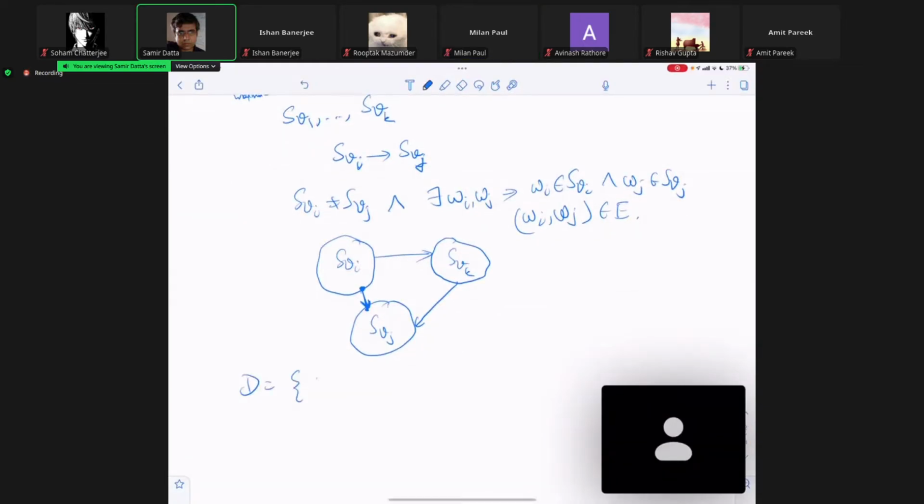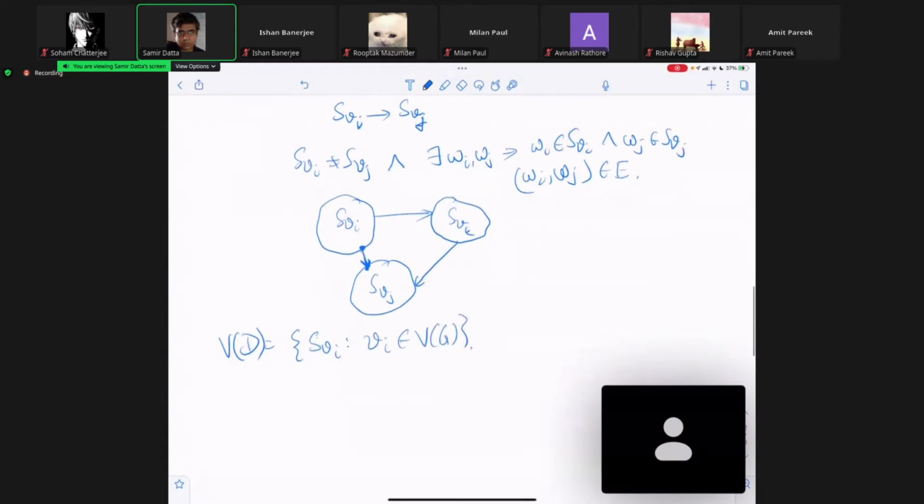So V of D is equal to the SVi. Let me define it formally: V of D is the set of SVi, where vi belongs to V of G, and E of D is defined by the pairs SVi, SVj such that this thing holds true.